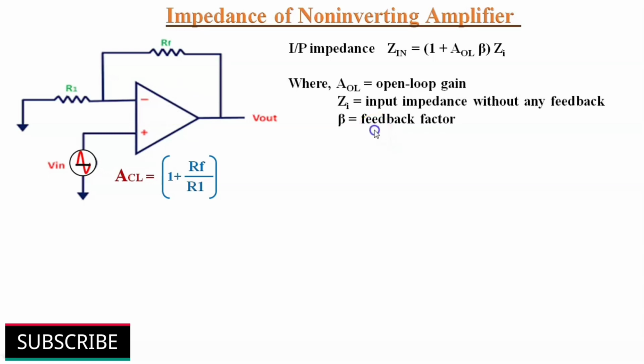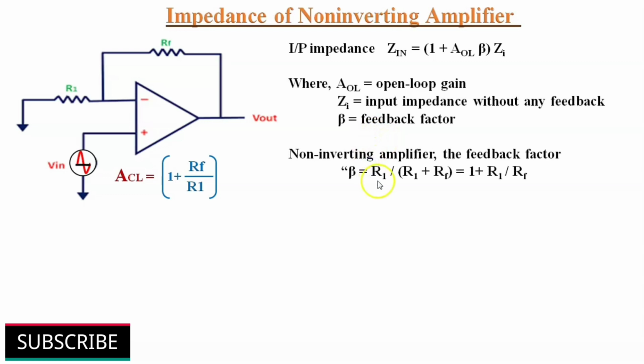The non-inverting amplifier feedback factor beta is equal to R1 divided by R1 plus Rf. That is the inverse of 1 plus Rf by R1, which is the closed loop voltage gain of non-inverting amplifier. So we can write beta as 1 by ACL.